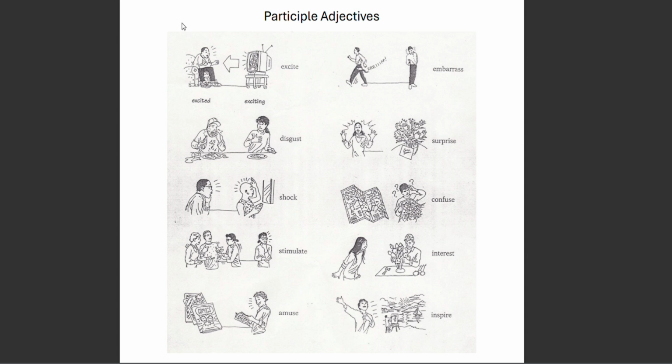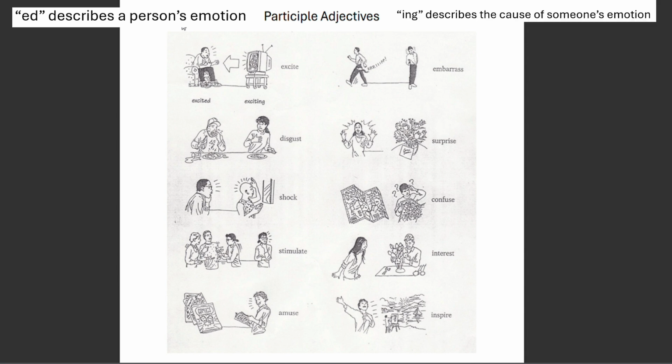So those are both adjectives, right? The guy is excited, the football game is exciting. The ed describes the guy's emotion, and the ing describes the thing or person or situation that causes the excitement of the other person, right? So the guy is excited, the game is exciting.